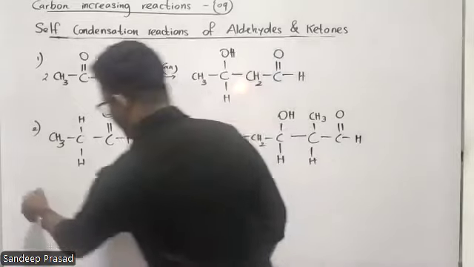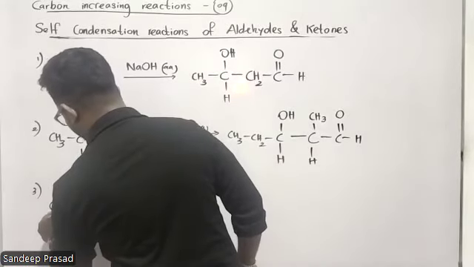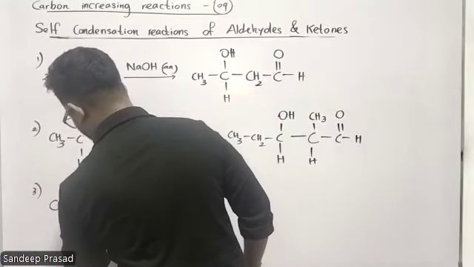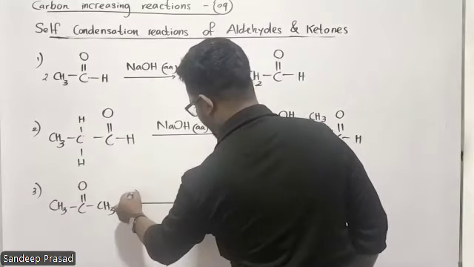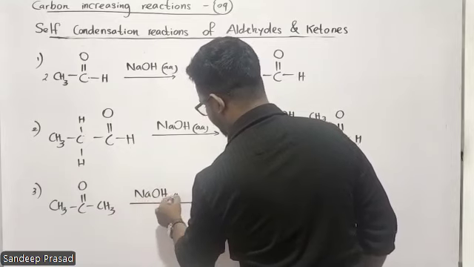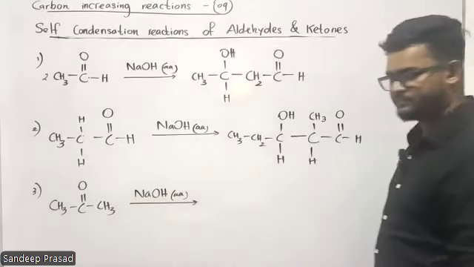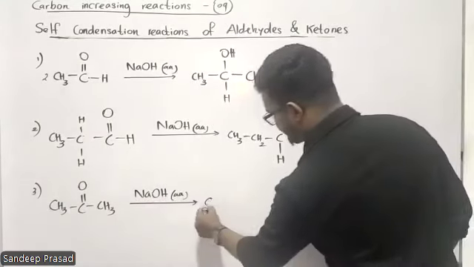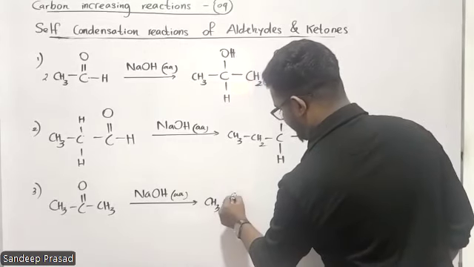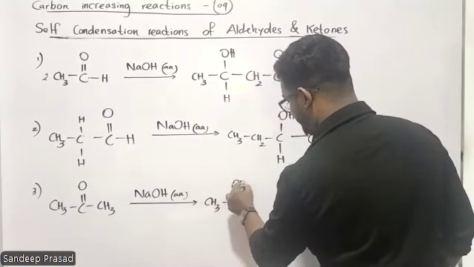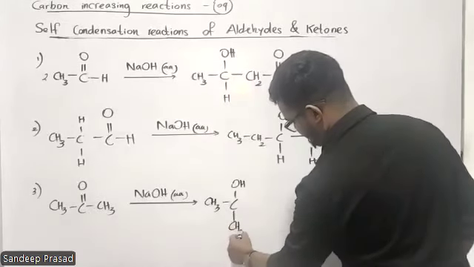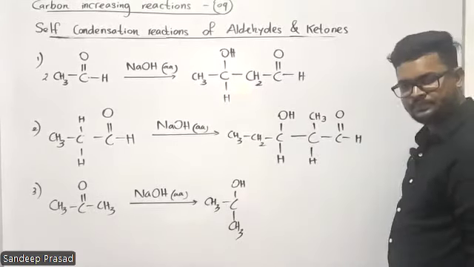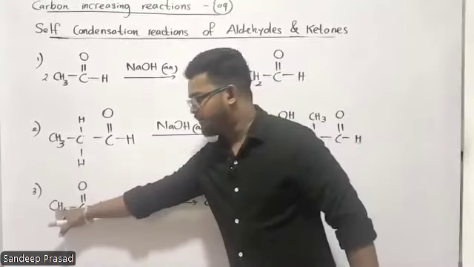Now let's move to the third example that we discussed. Acetone, CH3 C double bond O CH3. I'm going to add aqueous sodium hydroxide. So what will happen is, CH3 C, I told you that is an OH group. You can put this bond down. Then go for the alpha carbon.